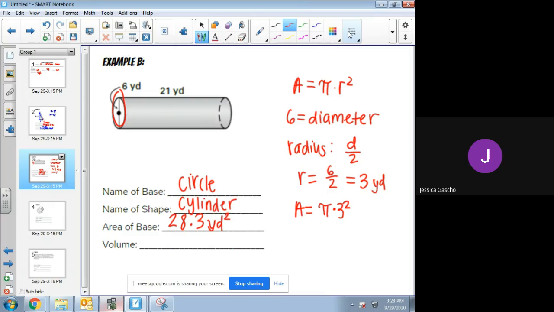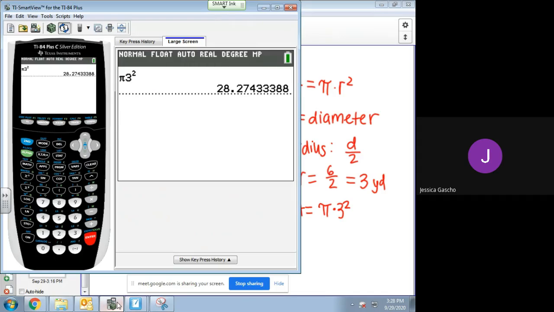In order to find my volume, I'm going to take my area of the base and multiply by what it's being extended by. It's being extended 21 yards across. So I'm going to take my answer from the area and multiply by 21. So to do that, I can just hit times 21. When it says ANS in the calculator, that means it's using your previous answer.